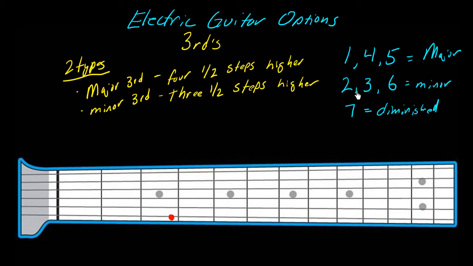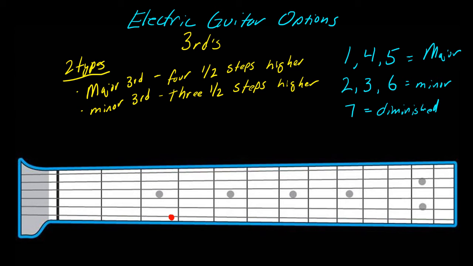The minor chords, 2, 3, and 6, use minor thirds. And this diminished chord, for this skill, will use minor thirds because a diminished chord is actually built off the minor third interval. All right? So what that looks like is this.